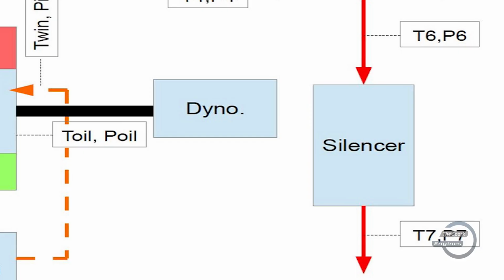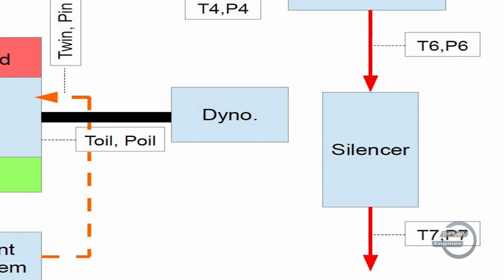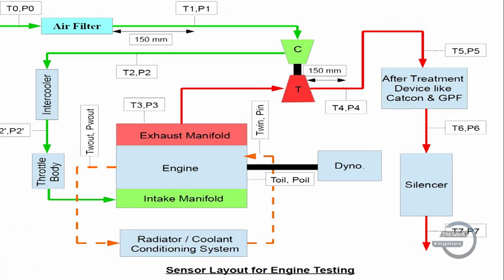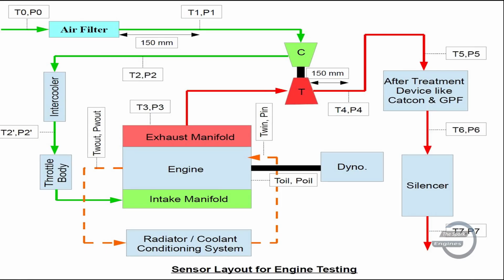P7 is not important because it will be almost similar to the ambient pressure, but temperature is very important, which is T7. Hence, in a nutshell, we have T0, T1, T2 and T2- temperature sensors in the intake system, while T3, T4, T5, T6 and T7 temperature sensors in the exhaust system, and the same for the pressure sensors.